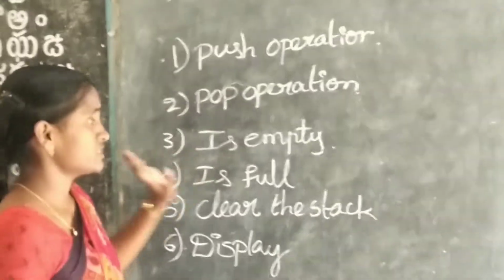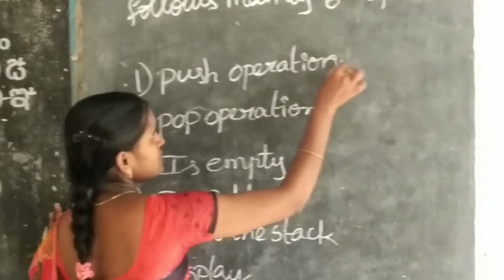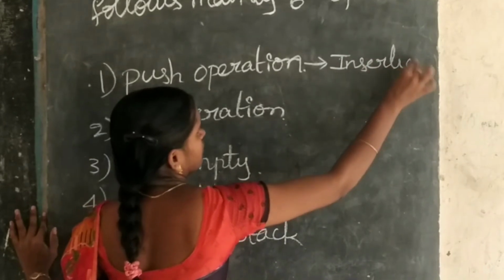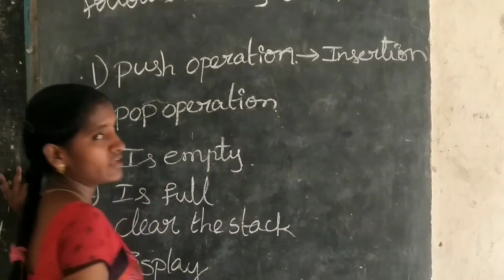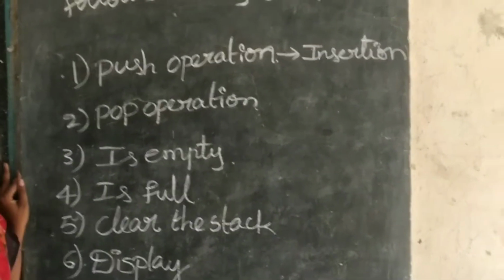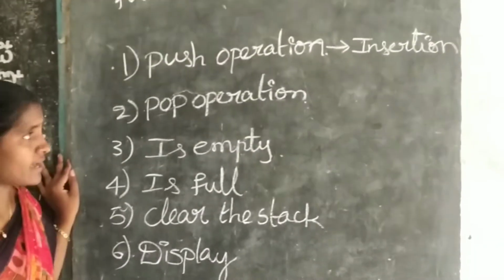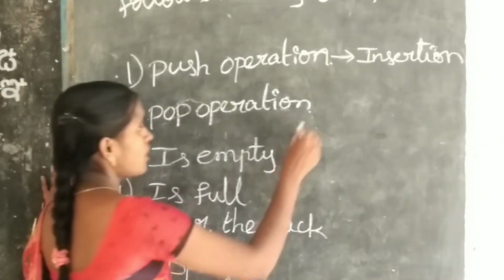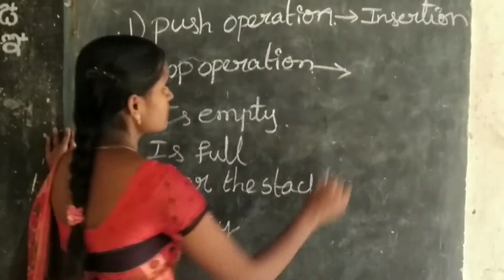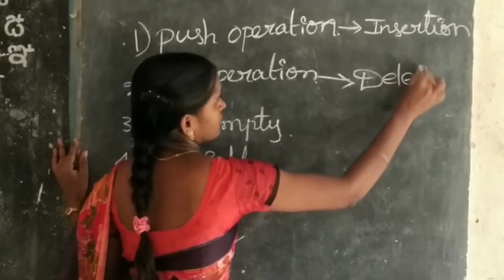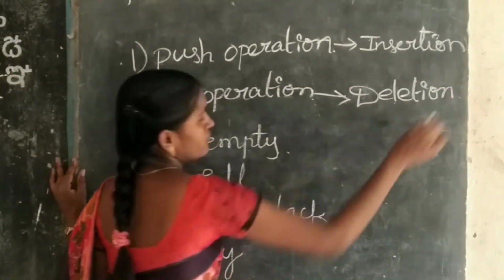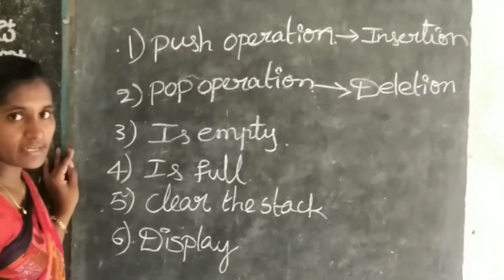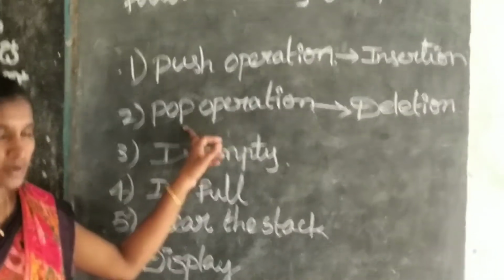First one, push operation. Push operation always represents insertion. That means whenever elements are inserted into the stack, we perform the push operation. Pop operation always indicates deletion. Whenever we remove elements from the stack, we perform the pop operation.